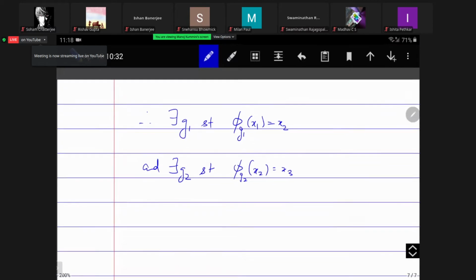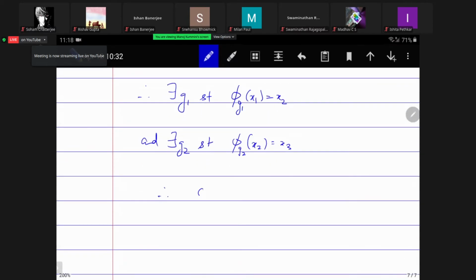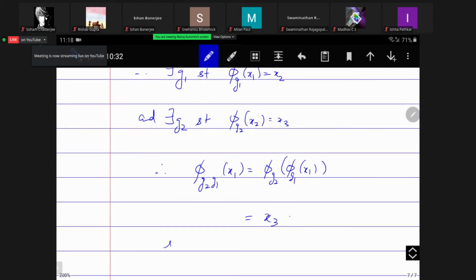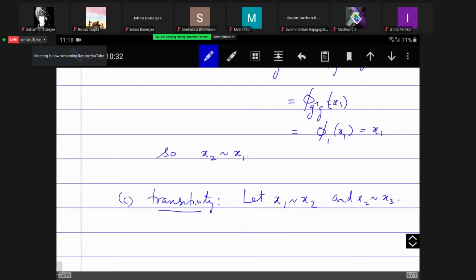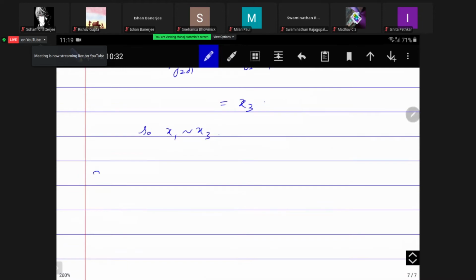Therefore, phi g2 g1 of x1 is phi g2 of phi g1 of x1. That's what we mean by phi corresponding to a product element in the group. So this is x3, and x1 is related to x3. Therefore, this is an equivalence relation. So this proves that. Now let us look at the equivalence classes.